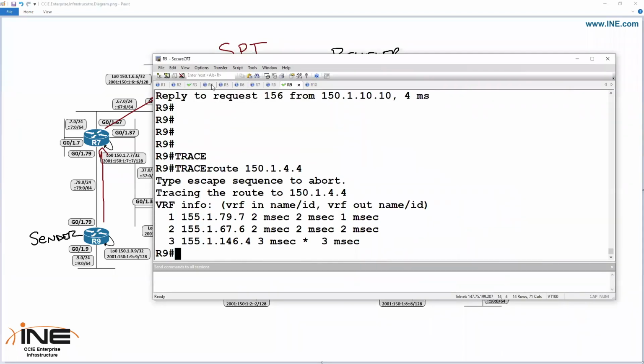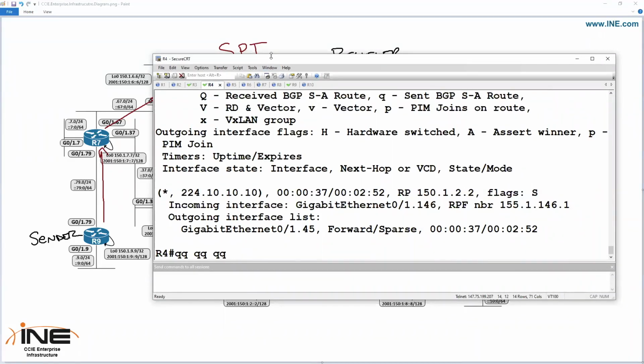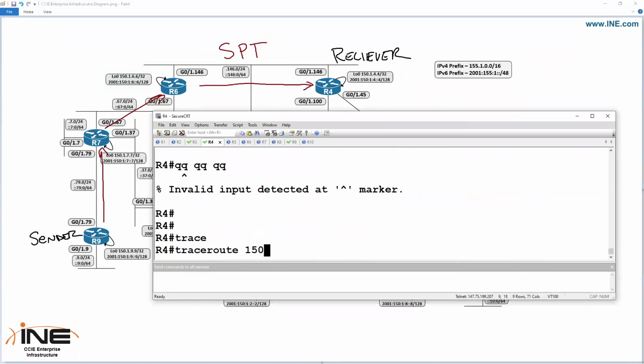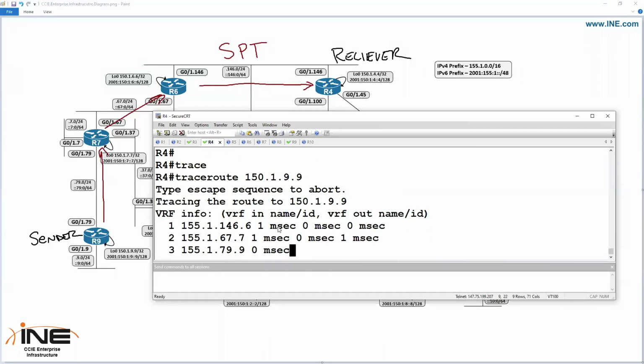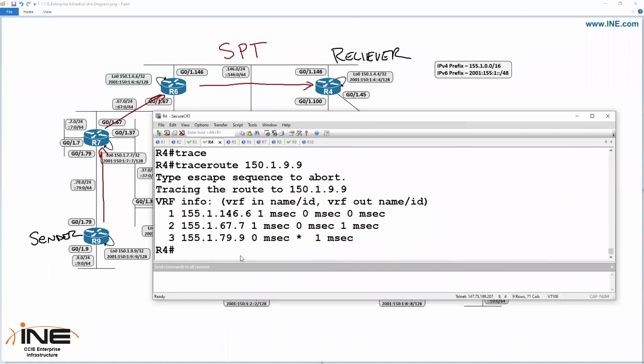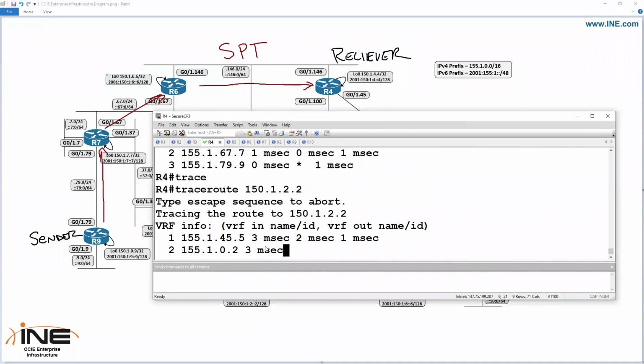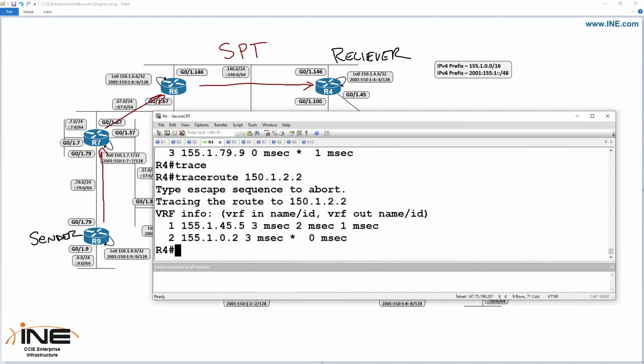where if we look at from router 4 and do the same thing, trace route to 150.1.9.9, we're going 6 to 7 to 9. Okay, but if we trace route to router 2, who is the rendezvous point, we have to go to router 5 and then to router 2.